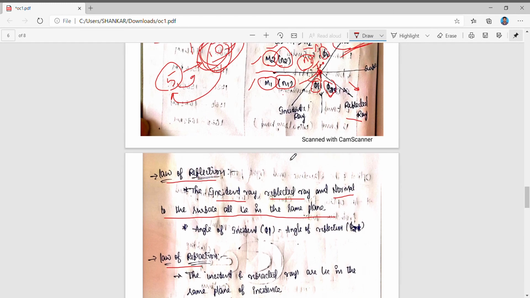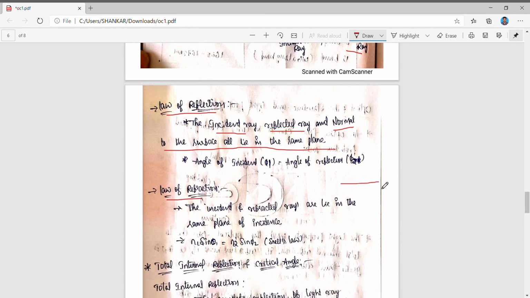The law of reflection states that the incident ray, the reflected ray and the normal to the surface all lie in the same plane. That means, suppose assuming this is the normal, this is the surface here.